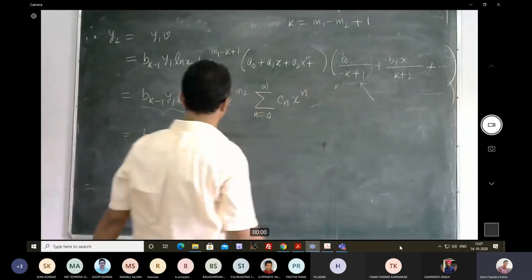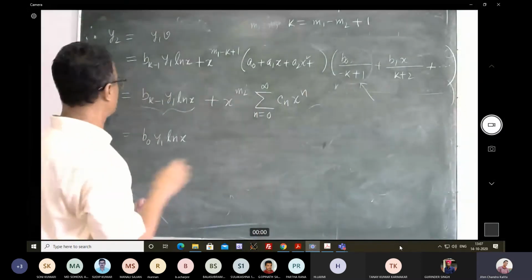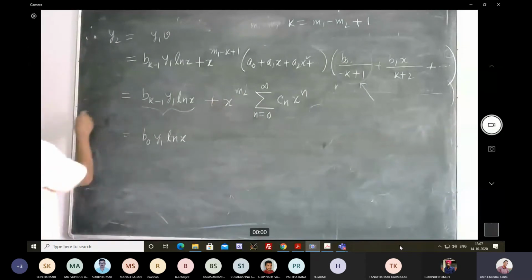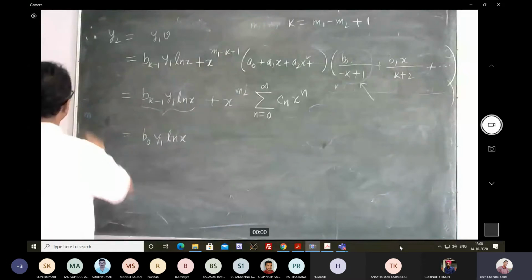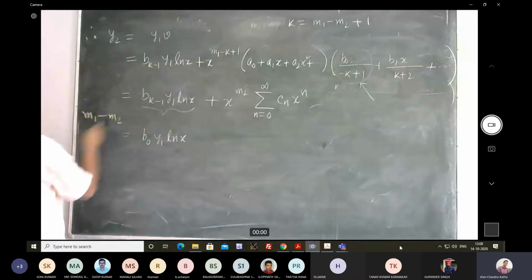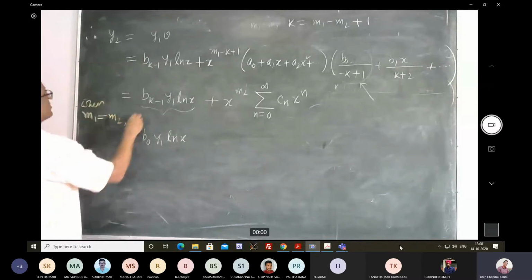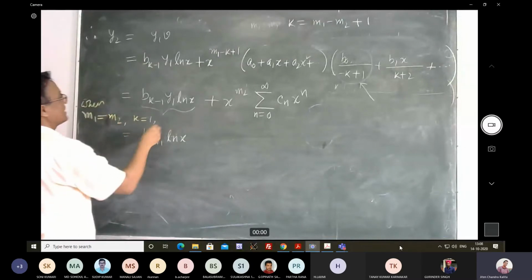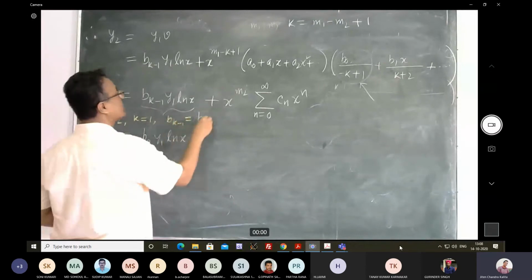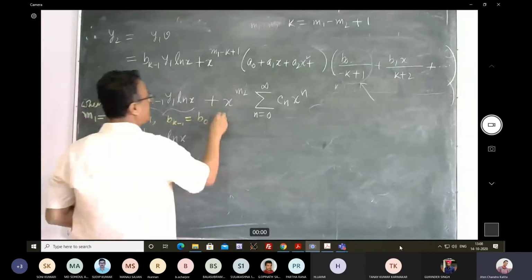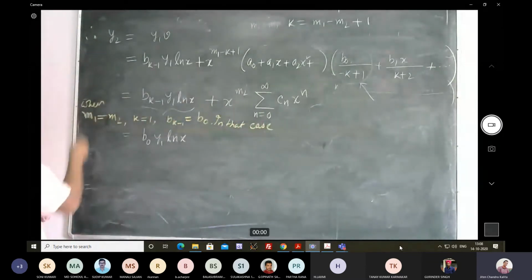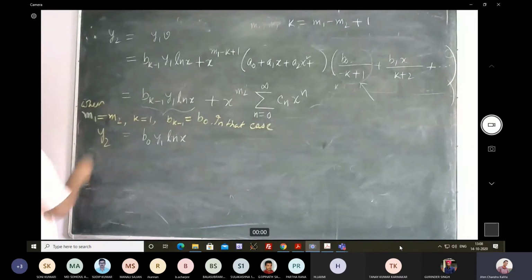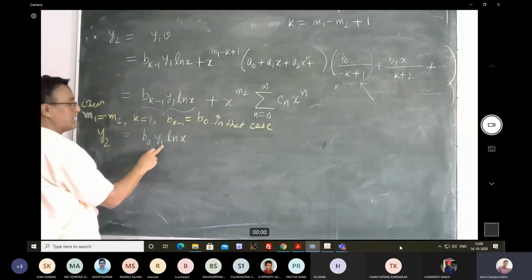So in that case, when your M1 equals M2, then your K is going to be equal to 1. So K minus 1 is going to be equal to B naught. So in that case, your Y2 is going to be this B naught, Y1 ln x.